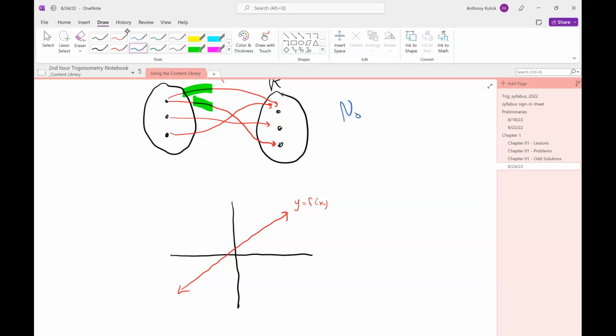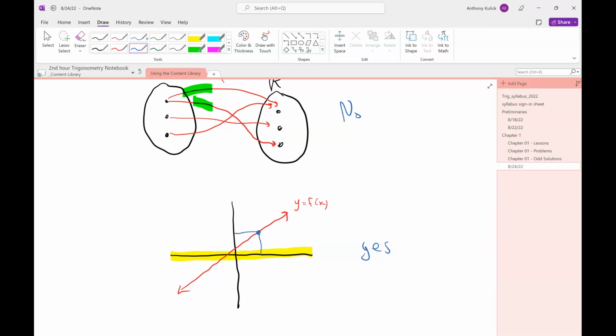Yes. Yes is the correct answer. Why? So what you're going to want to think about is every x value has exactly one y value, right? Any x you pick just has one y.